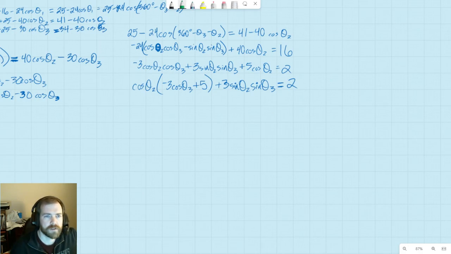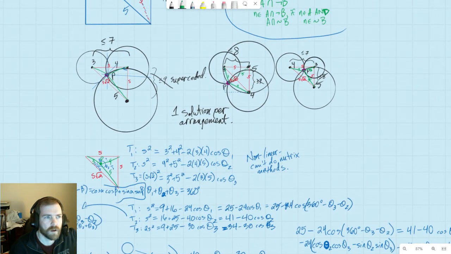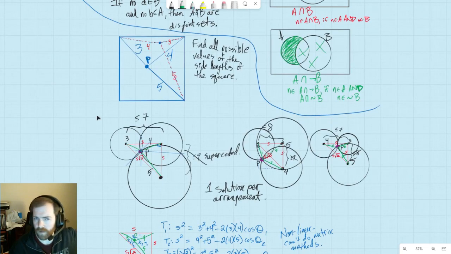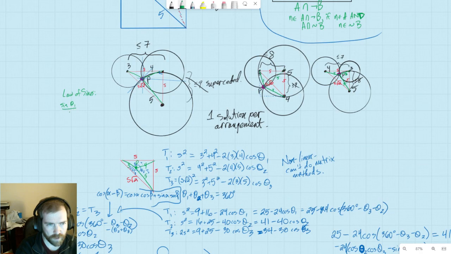Law of sines is going to say that the sine of theta 1 over s is equal to the sine of theta 2 over s.